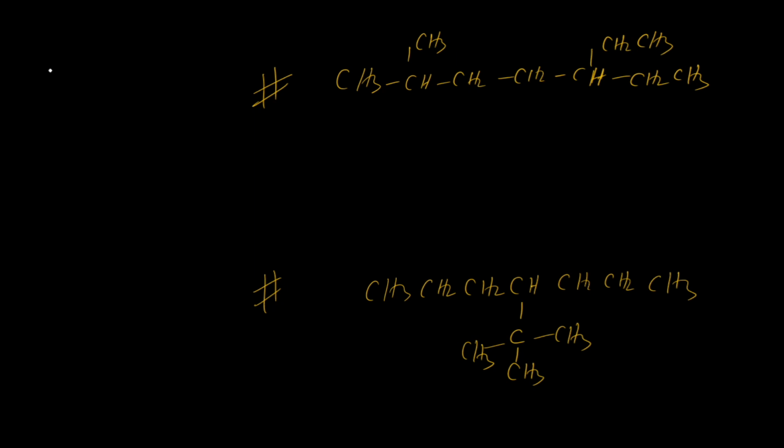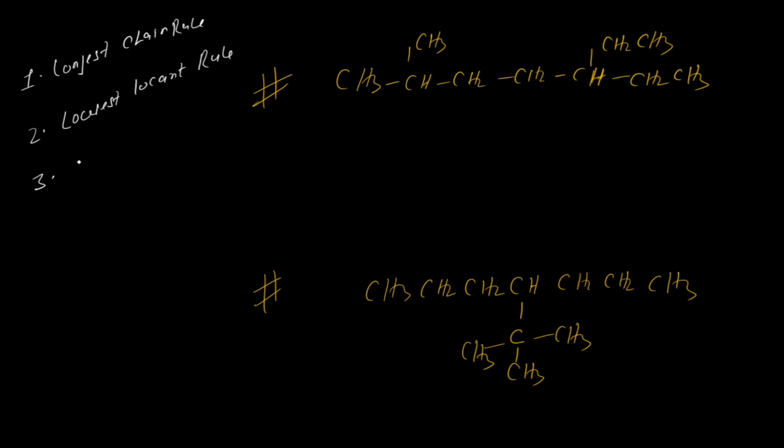So let's start. We have 3 rules about IUPAC nomenclature. First is the longest chain rule. You have to find out the longest chain first. Secondly, the lowest locant rule, which states that the branched alkyl groups which are not part of the main name will be counted from the lowest number.